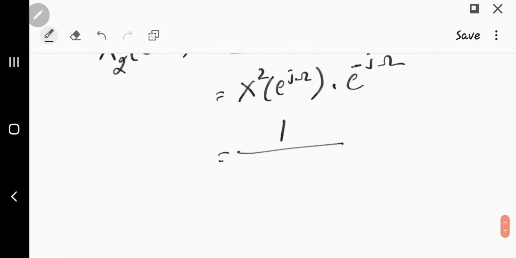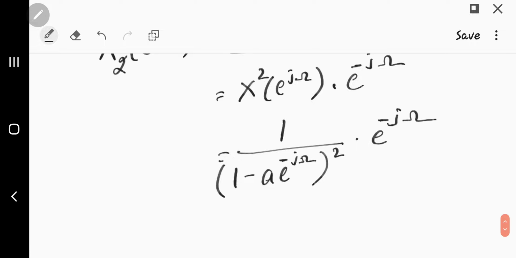So that gives us 1 divided by 1 minus a e to the power of minus j 2 omega, or we can write a square or j omega whole square. This term is b whole square into e power minus j omega. So you can split this and further simplify. So this will be our x2 of e power j omega.